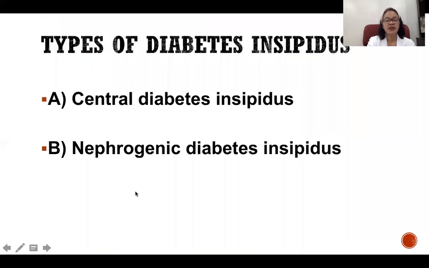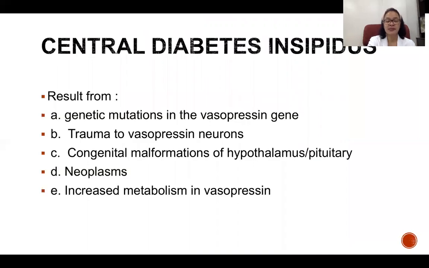So there are certain types of diabetes insipidus. So we have central diabetes insipidus and nephrogenic diabetes insipidus. When you say central diabetes insipidus, this results from genetic mutations in the vasopressin gene.